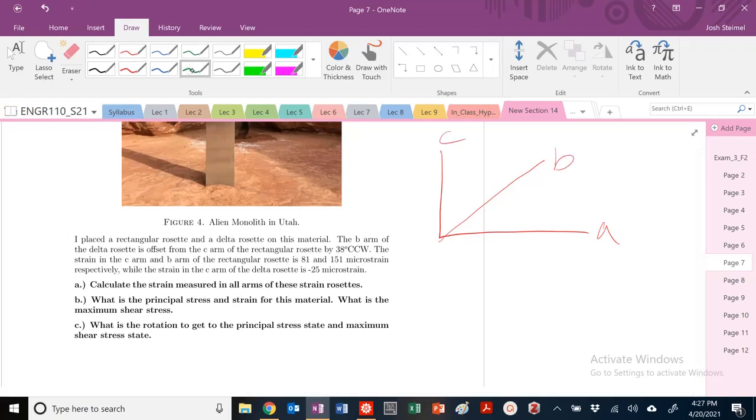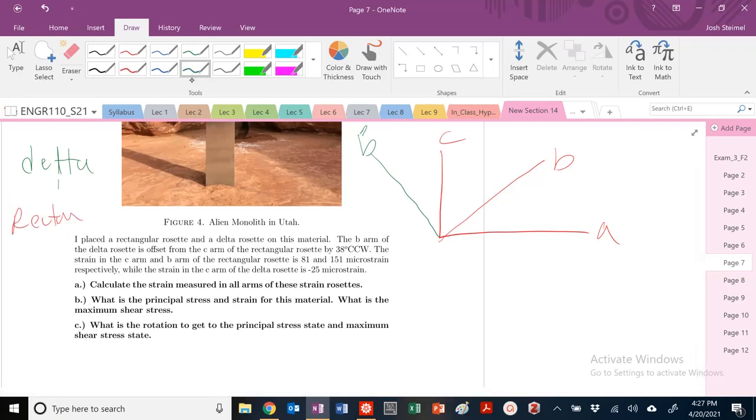Let's read through the problem. The B arm of the delta rosette is offset from the C arm of the rectangular rosette by a 38 degrees counterclockwise rotation. So I'm going to call this B prime for my delta rosette. My delta is going to be in my green, and my red is going to be my rectangular.